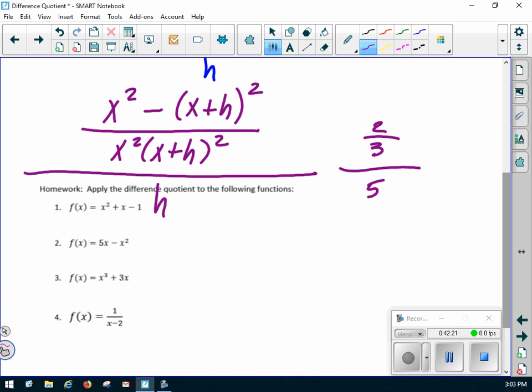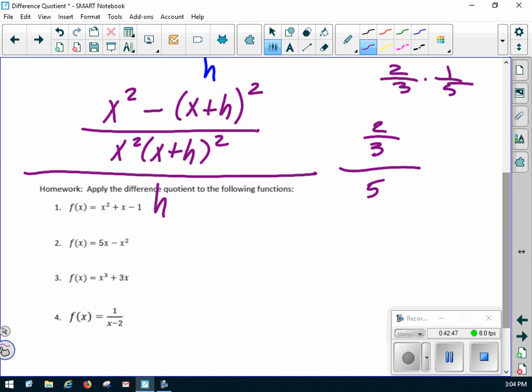How do you do 2/3 divided by 5? So it's 2/3 times 1/5, right? Now, how do I divide by h? Multiply by 1 over h. So if I multiply the top by 1, I get the top, right?